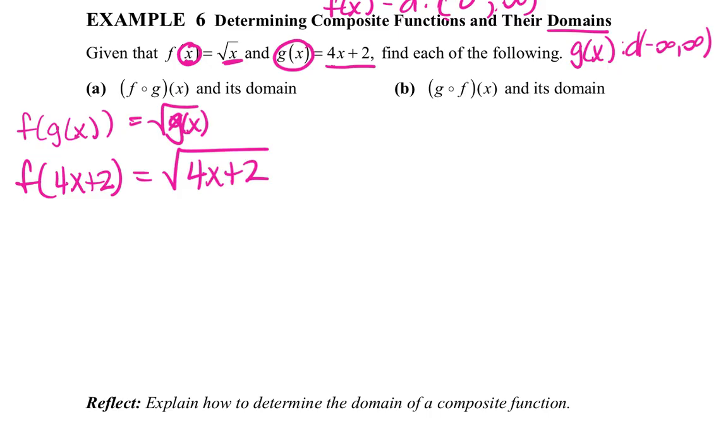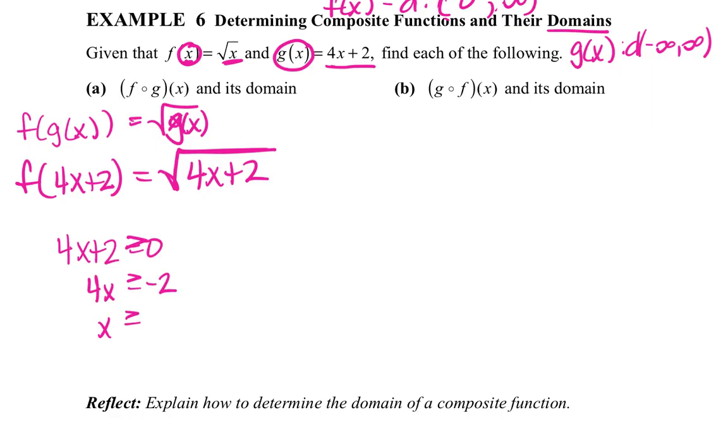Now, does that mean that you can only go to 0 for the domain of this function, or can you use everything? Well, take what's underneath, your 4x plus 2, set it equal to 0, because this can be equal to 0. It actually has to be greater than or equal to 0. So 4x is greater than or equal to negative 2.